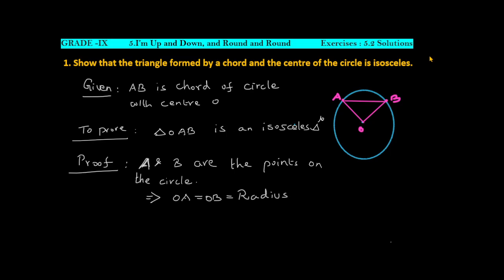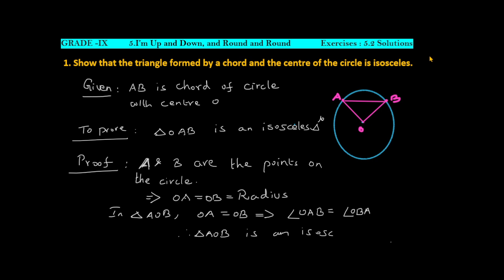Both are radii of the circle, so OA is equal to OB. So in triangle AOB, OA is equal to OB, which implies angle OAB is equal to angle OBA. When two sides are equal, the angles opposite the equal sides are equal. Therefore triangle AOB, or OAB, is an isosceles triangle.